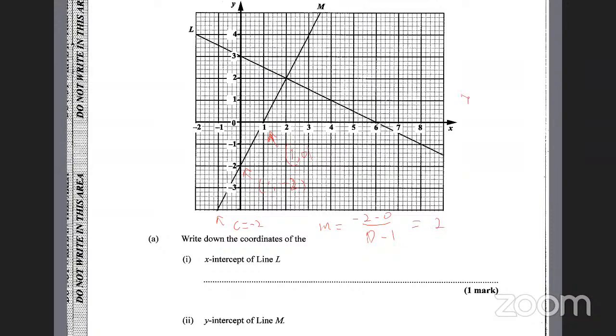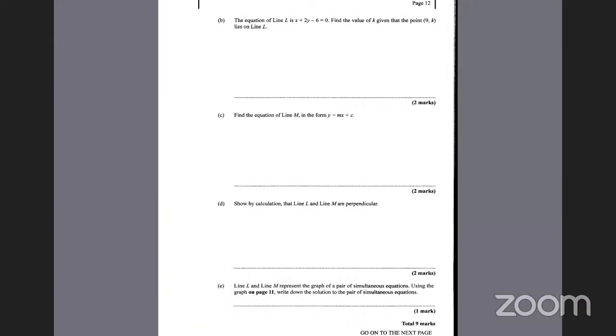So the equation of M is y = 2x - 2. Right? I had to do it here. I can do it on the next side, right? So here, y was equal to 2x - 2.